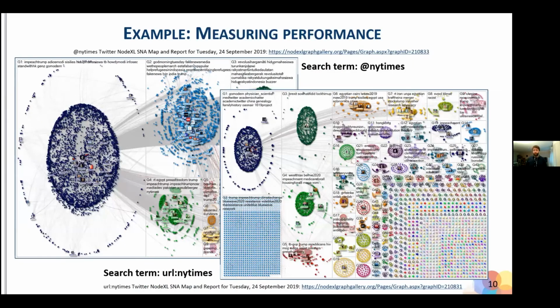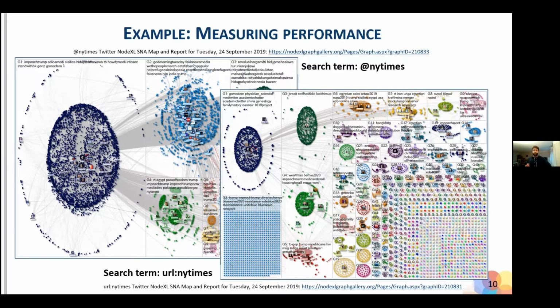Another way to use this approach is to measure the output of your newspaper, news outlet. You can choose different approaches with your query. These are two examples from the New York Times. On the left side, you see a search about tweets that talk to the New York Times, so it's @NYTimes. That's what we get here.